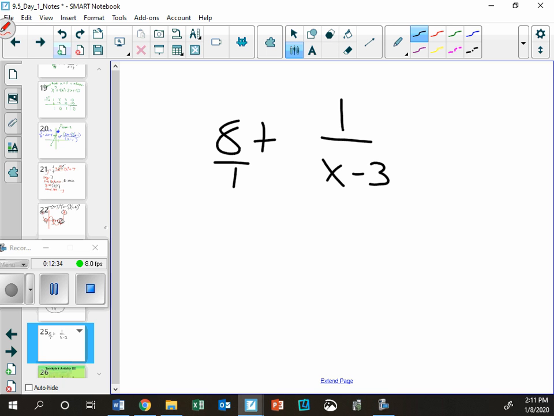First of all, give it a denominator of 1, and then you say, what is a common denominator? Well, multiply the two denominators, so x minus 3.